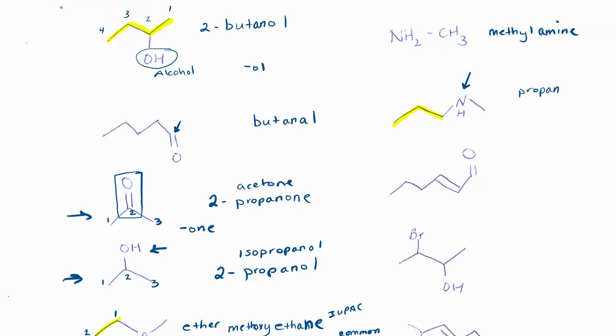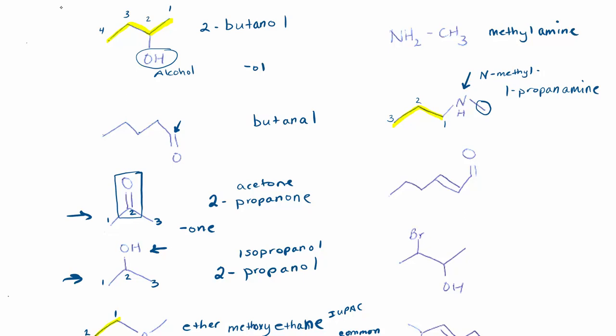But because we have this amine group, and we would call this carbon 1, this would be propanamine. And this would be a 1-propanamine. But what do we do with this methyl substituent? Well, we would call that methyl substituent an N-methyl. The capital N indicates that the methyl is on the nitrogen. So this would be N-methyl 1-propanamine.